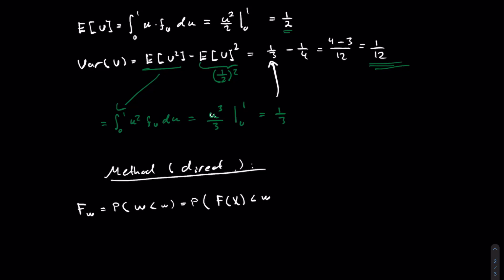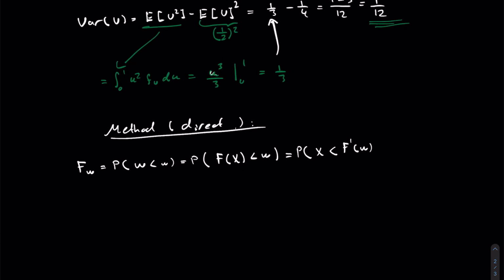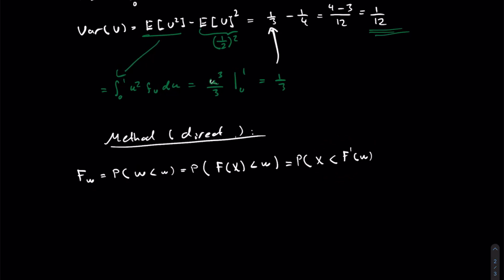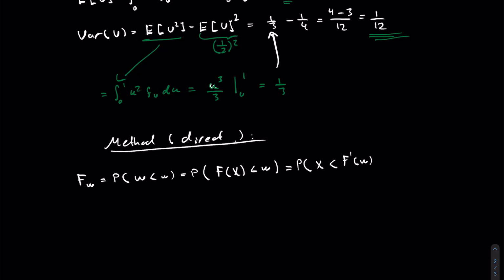Well, it doesn't matter if it's less than or equal to w, and we solve for x to free that left term up. Take the inverse to get rid of the CDF here, and now we started with the CDF of w, and now we've moved to the CDF of x. That is what x here was, inserted into its own CDF.